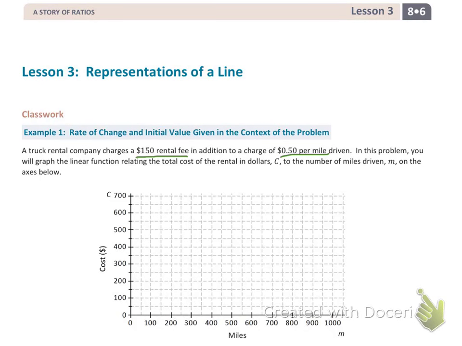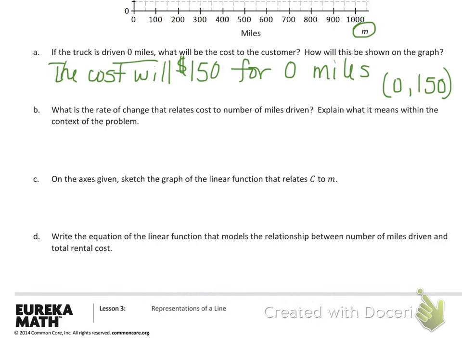One thing you need to notice here is that we've got dollars on the y-axis, and we have miles on the x-axis. So when miles driven is 0, the cost, which is what we're putting here, is 150. So that's going to be a point right about there. Right at 0, 150.